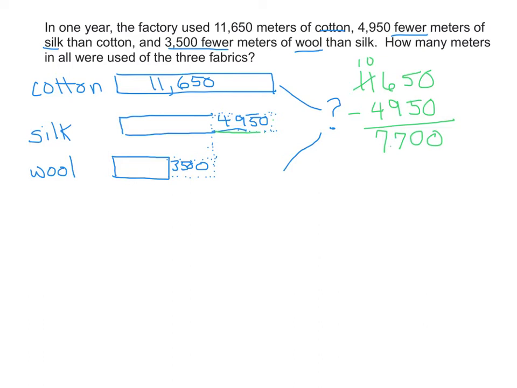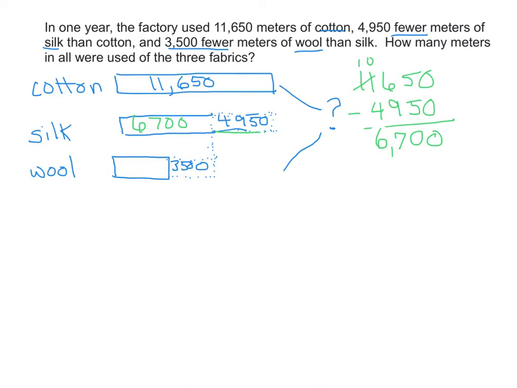So that tells me I have, oops, sorry, I made a mistake. Let me fix that one. It should be 10,000 minus 4,000 is 6,000, not 7,000. So I have 6,700 meters of silk.